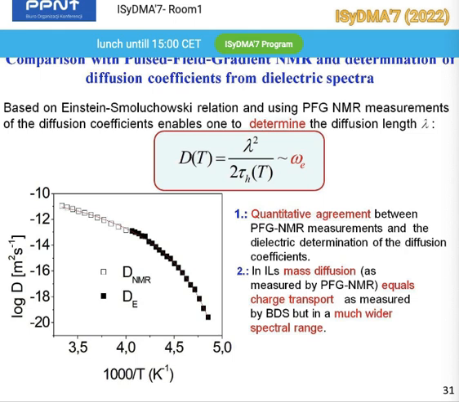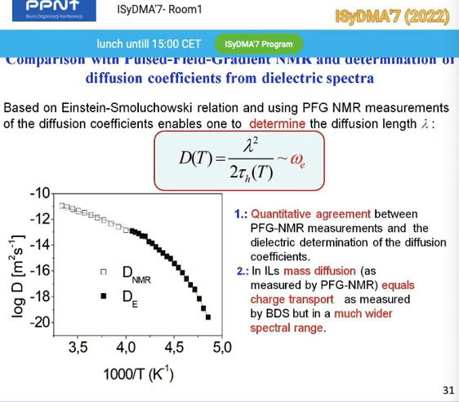This is very important. In the dielectric measurement, we essentially measure the conductivity, but this conductivity can be recalculated into a diffusion coefficient, and then we observe the diffusion of charged entities, and we observe that there is full agreement between the NMR measurements and the dielectric measurements.